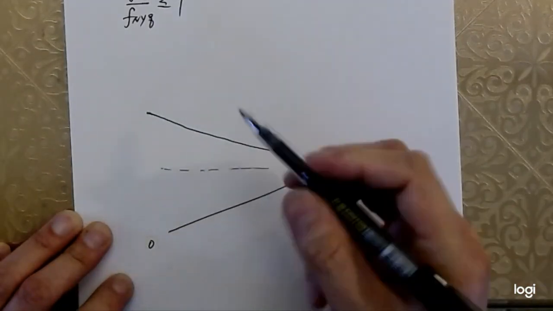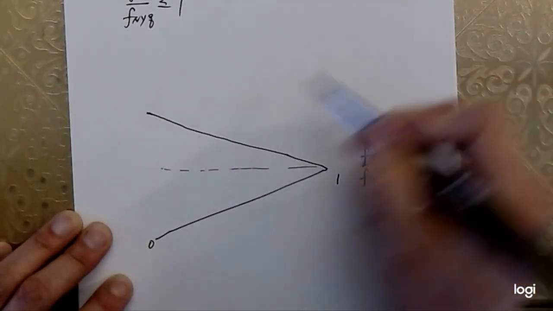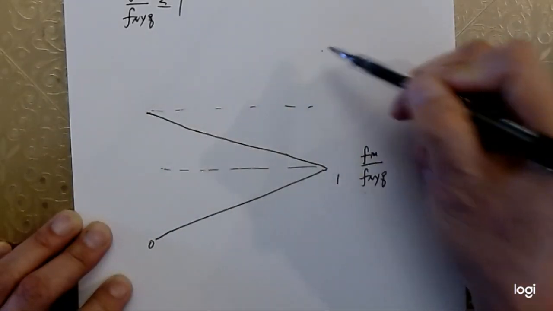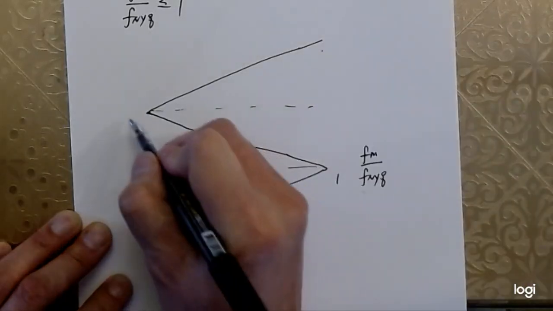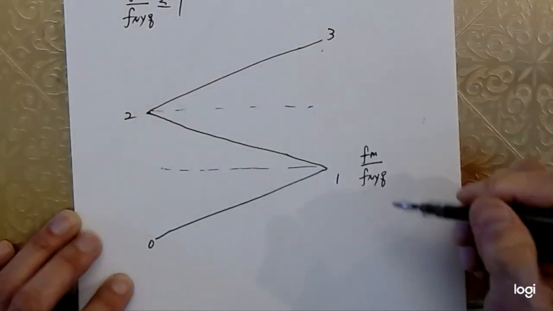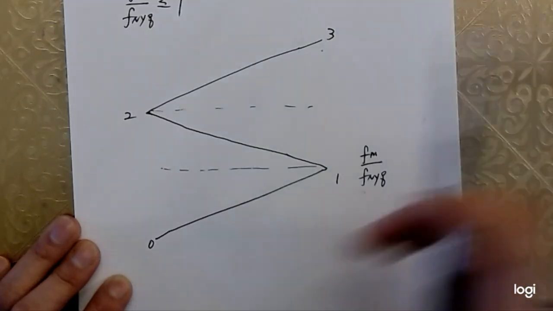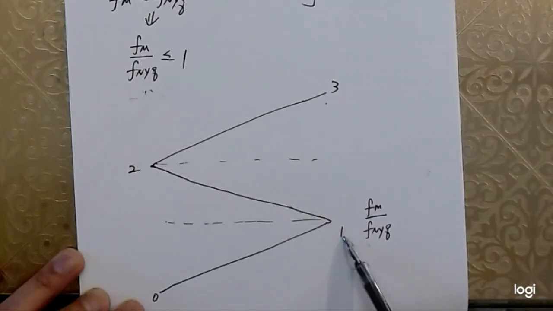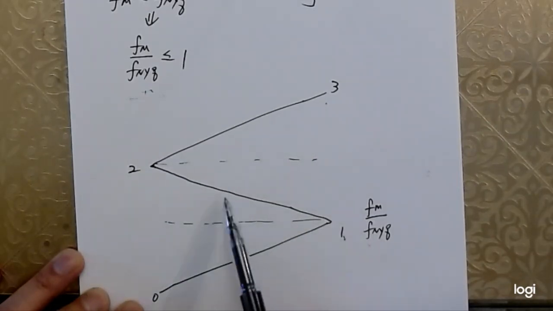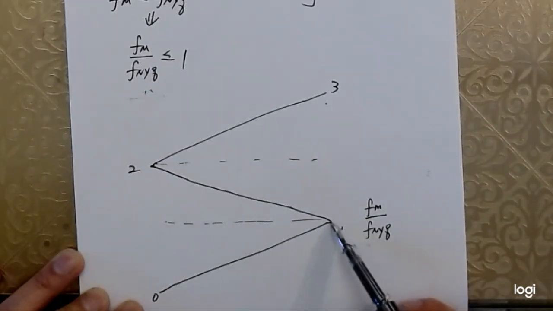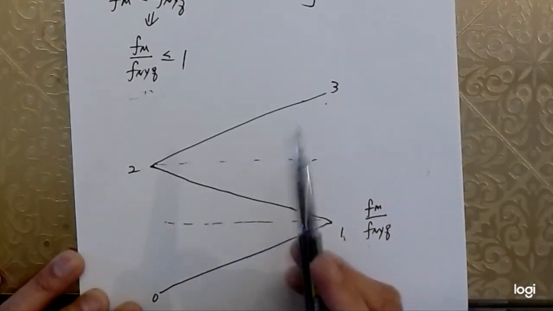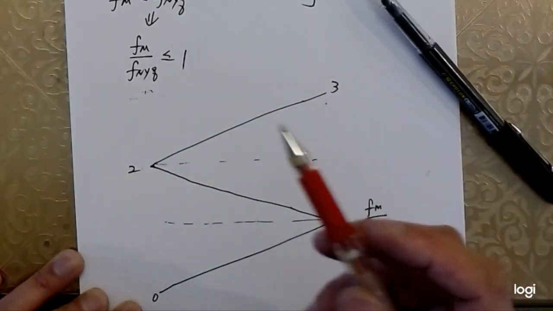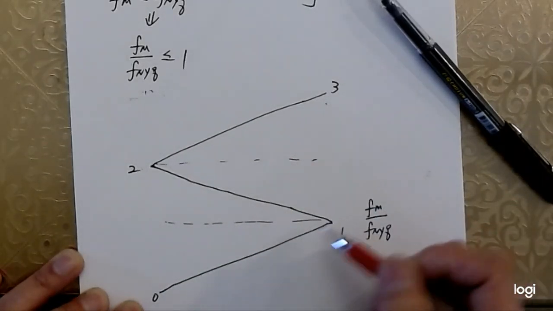One to two. Two, three. So whatever value of these ratios is greater than 1, it will be between 1 and 2 or 2 and 3. So this value will be folded back to the 0 to 1 range.